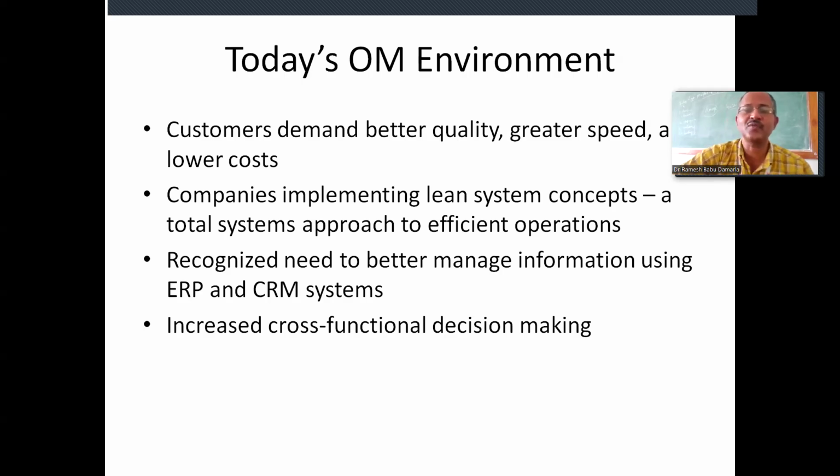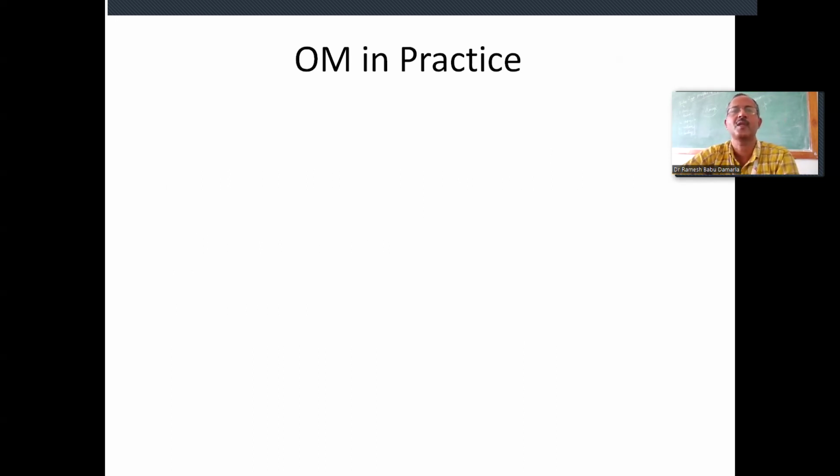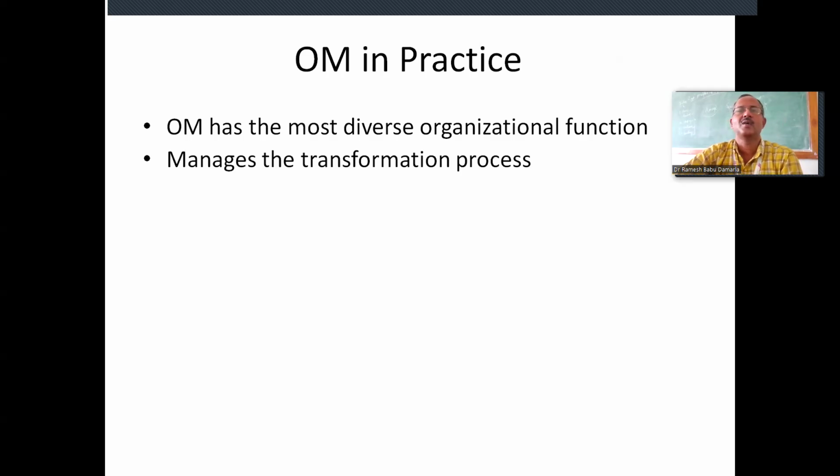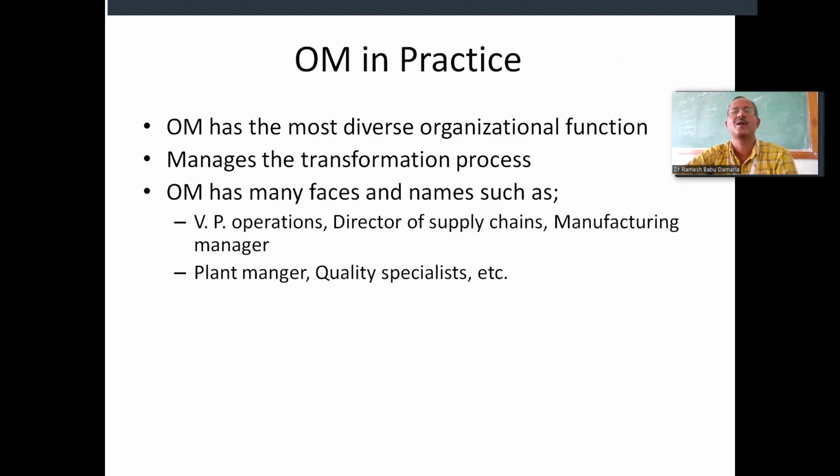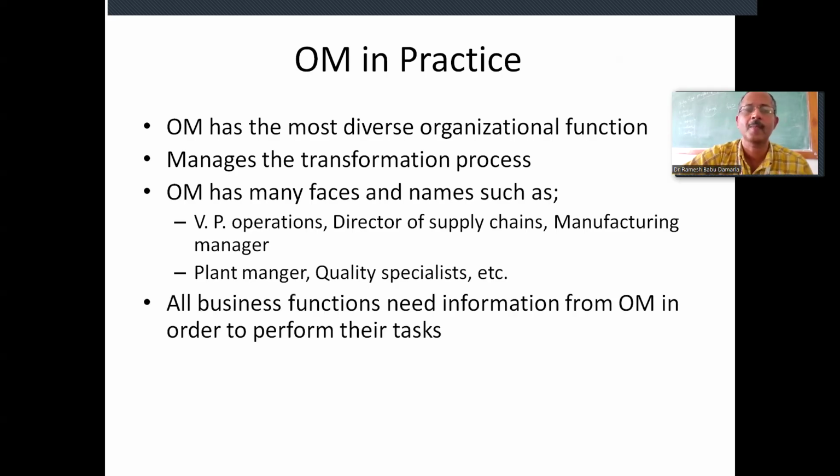Then increased cross-functional decision making. All this is today's environment, which is important for production operations management. OM in practice involves manufacturing area, quality area, inventory, supply chain, MIS. There is a vast scope for people who are learning production and operations management.